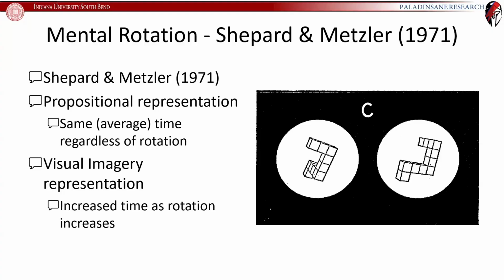So if our minds are using imagery representations, then we should see increased time as the rotation necessary to match it up increases. So that is the pattern of results we should see. If imagery representation is preserving that structure of rotation difference, then because it takes time to rotate things in the real world, it's going to take time to rotate the same things in our mind, and our solution to this problem should take longer the further we have to rotate things.